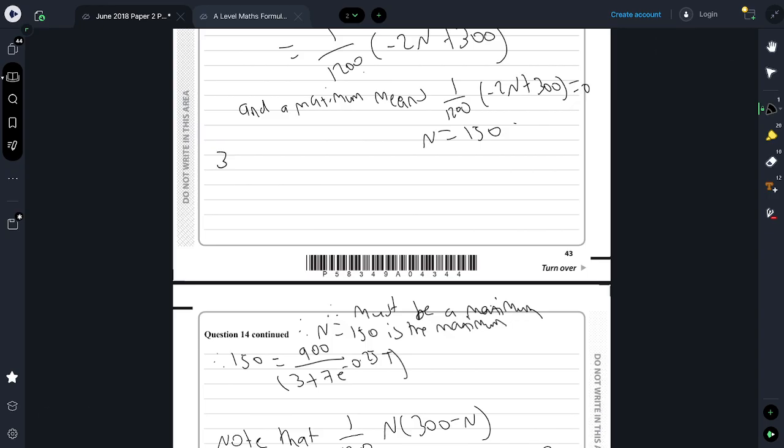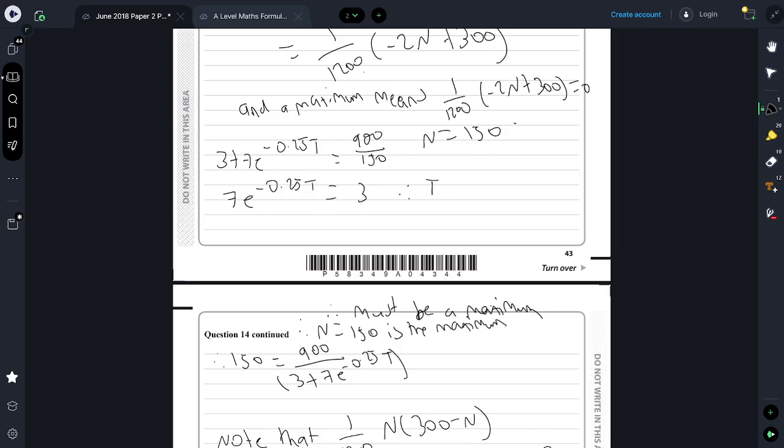So we say that 3 plus 7e to the minus 0.25t is going to be times by 150 to get 900, but then we divide by 150. So that means 7e to the minus 0.25t is 900 divided by 150, which is 6, minus 3. That'll be 3.